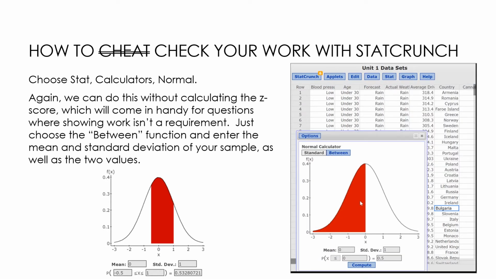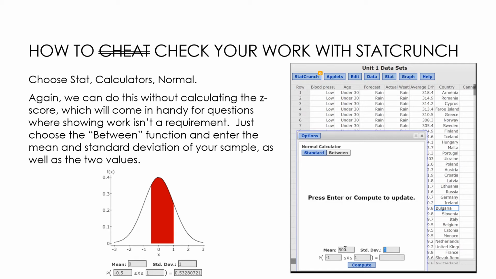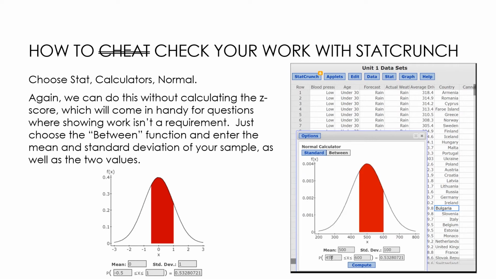And in this case, we were looking at, again, a between function. And my mean was 500 and my standard deviation was 100. And instead of putting my z-scores in here, I'm going to put 450 and 600 and click compute. And as you can see, my probability, or p-value, of 0.5328 matches what I found when I found the z-scores.